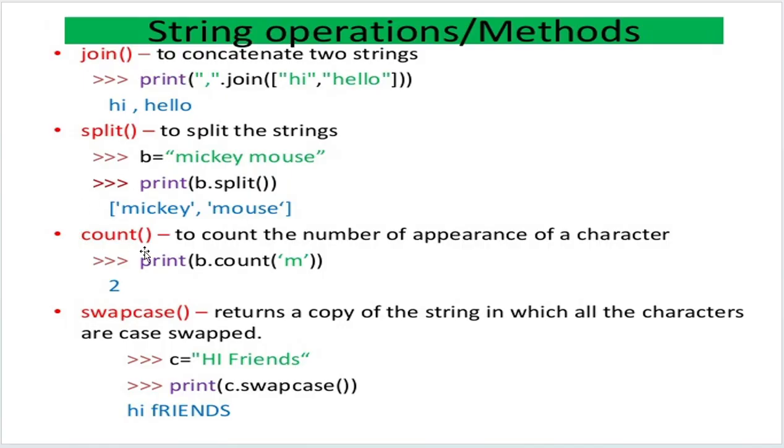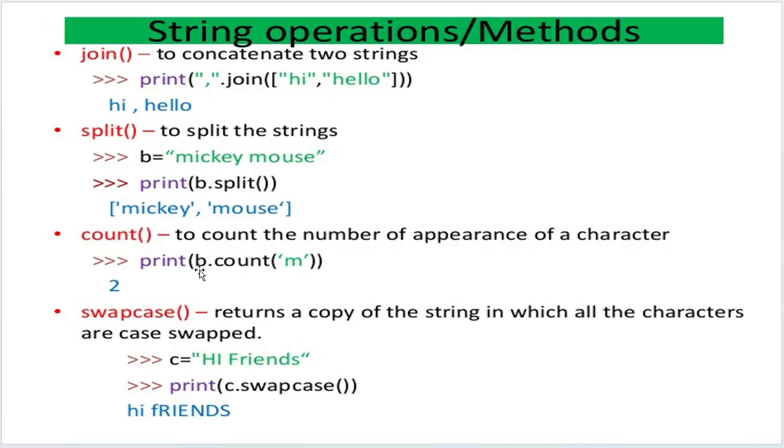Next is the count function. Count is nothing but it is going to count the number of times each character is present in the given string. In a given string, there may be many characters, and if you want to count the number of appearances of each character, you can use this count function. Here, an example is given in an interactive mode.